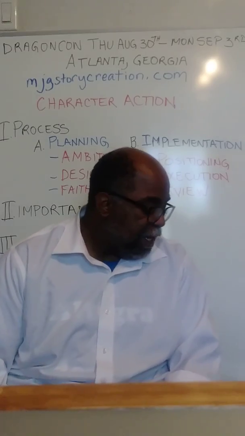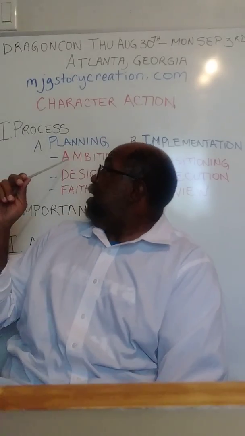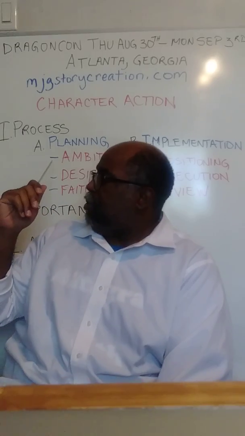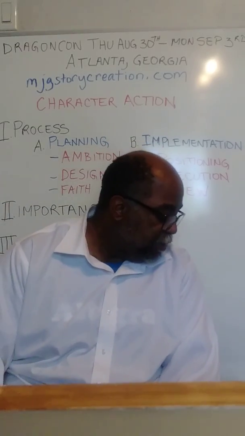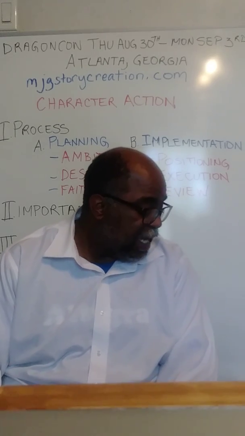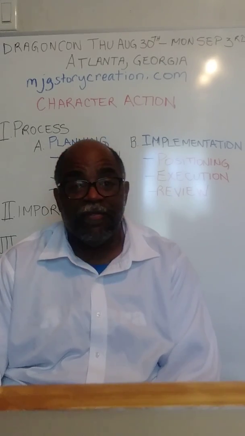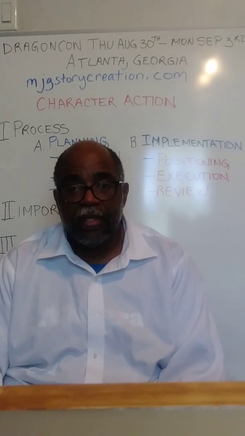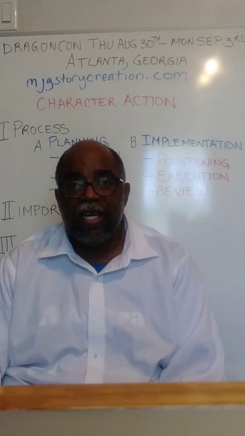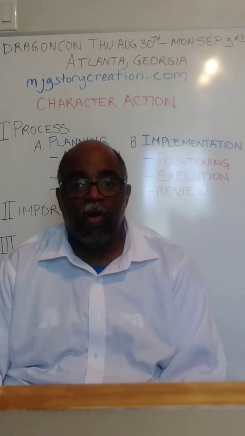So let's break down planning. The first part of planning is ambition, which is to say, identifying a tangible, quantifiable objective. We got to know what the character wants. Now, it doesn't have to necessarily be absolutely clear what the character wants.